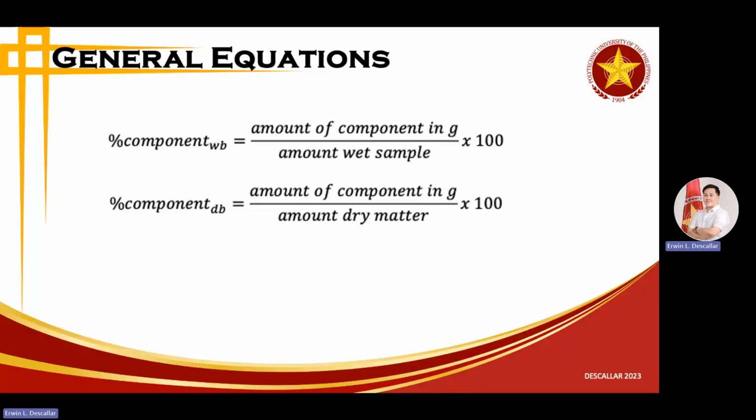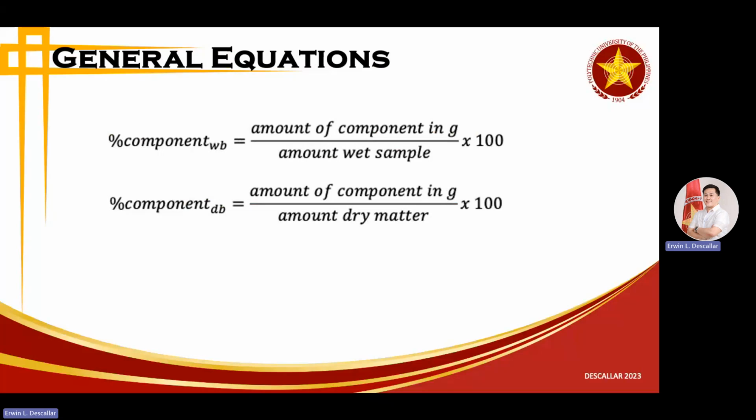Or yung hindi pa siya nadadry. Okay? And if you are referring to the dry basis, the denominator is the amount of the dried matter already. Right? So don't be confused on those formula.